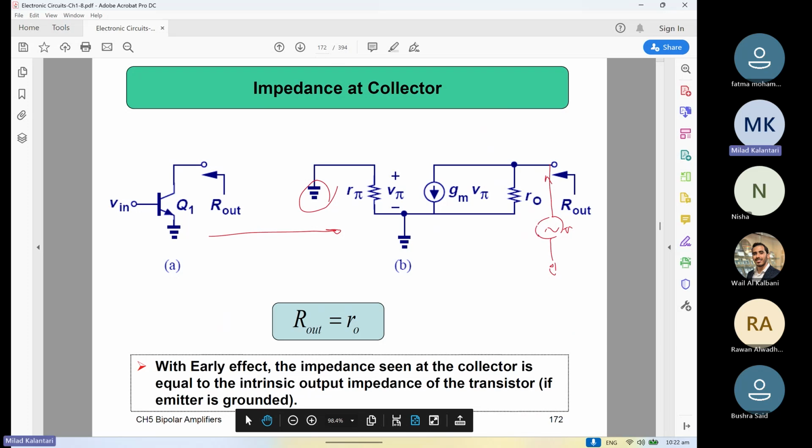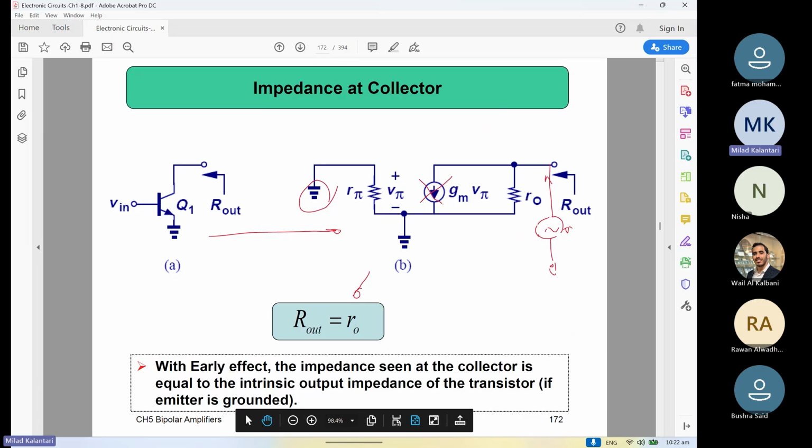This again will be easy, because here you put a 0 volt short, so V pi is 0. If V pi is 0, the dependent source is not there, and then what you are seeing is only R_O. So for the common emitter, the output impedance is big.